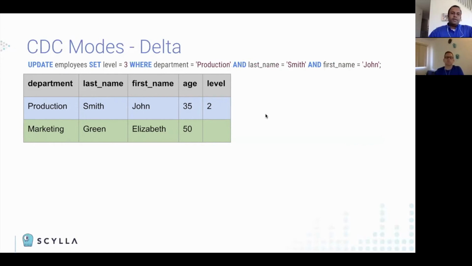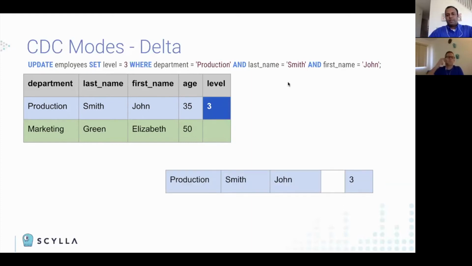Now you're running CDC still in the delta mode, but then you update John Smith to level 3. Let's say John Smith got promoted. And then you're subscribing to the delta, so you get the partition key, which is John Smith and the department production, and also you get the delta, which is level 3.